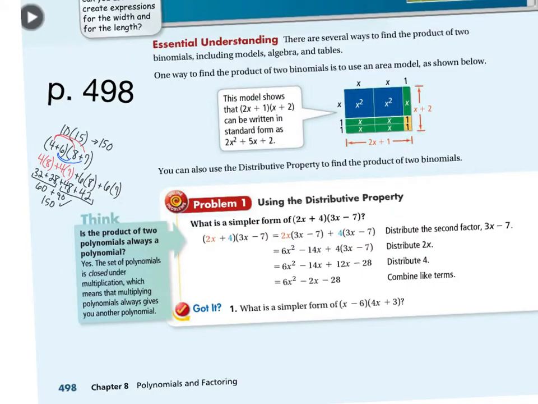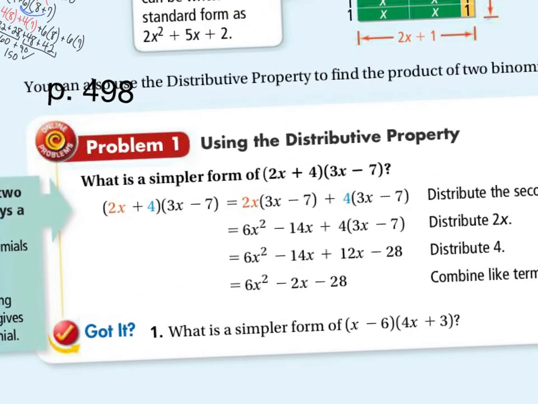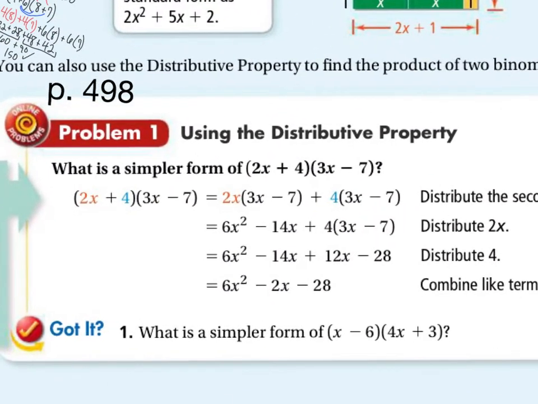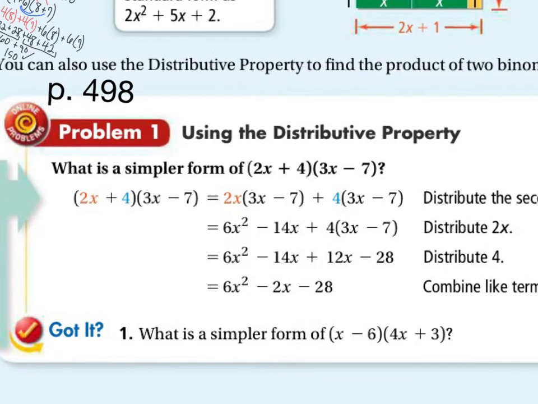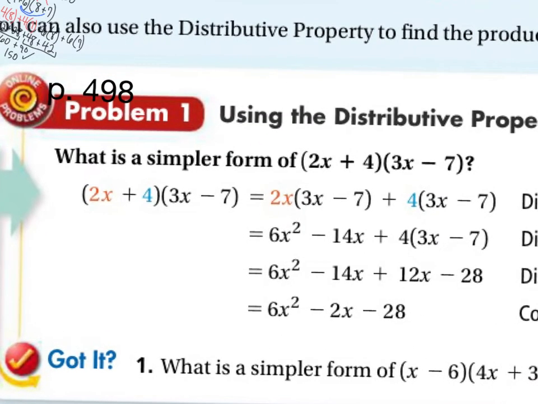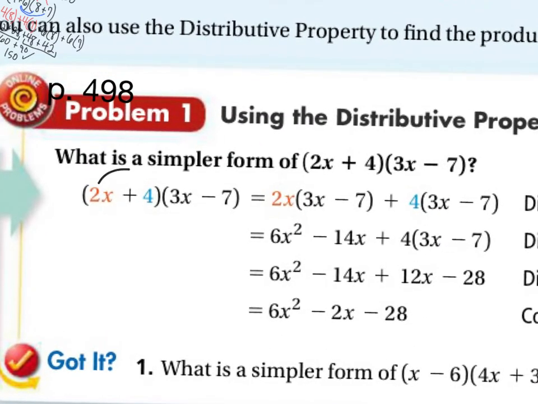So if you look at problem 1, that's what they're doing, and they've got these in red and blue so we can see them a little bit better. If we're working this out, first thing would be that we can distribute the 2x to both of these, and you can see that's what they did here. Now they put it still all in parentheses, which is fine if you want.